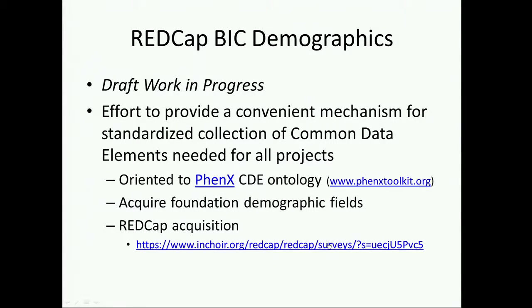And again, as the data goes out to be shared, it greatly reduces the amount of work in recoding your data to be compatible with things. And so the Phoenix CD ontology is very complete and has a lot of existing tools already. And so we've been making use of that.